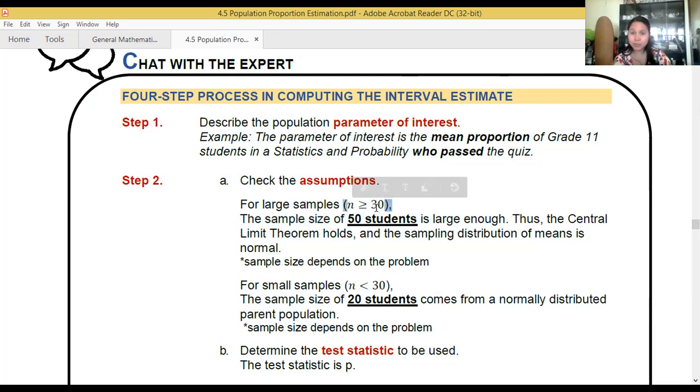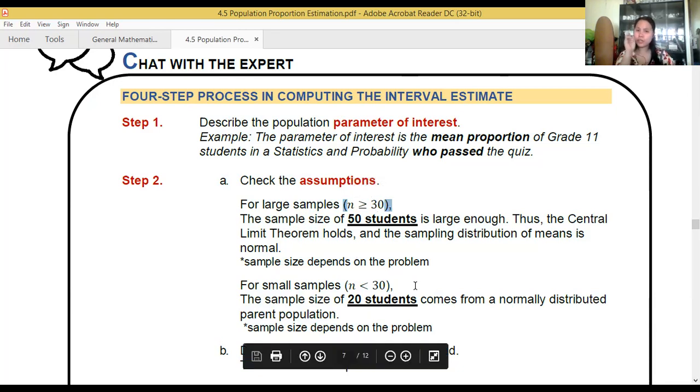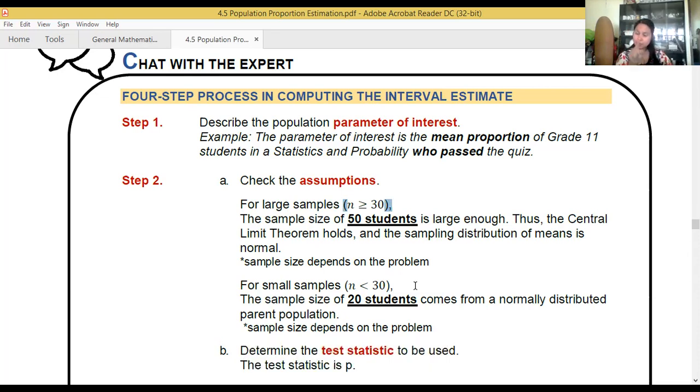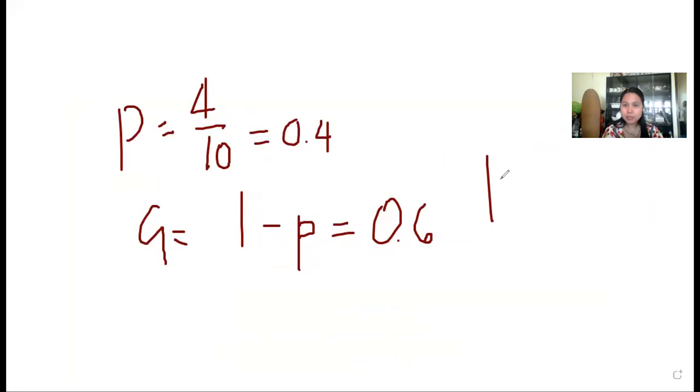The n is greater than or equal to 30 and less than. There are 2 ways actually. First, we can use greater than or equal to 30 for large, or less than 30, that's small. But the appropriate way is the formula. Remember, what's the formula again? That is P plus and minus 3 sigma. If it includes 0 or 1, it's small. If it does not include, it's large.